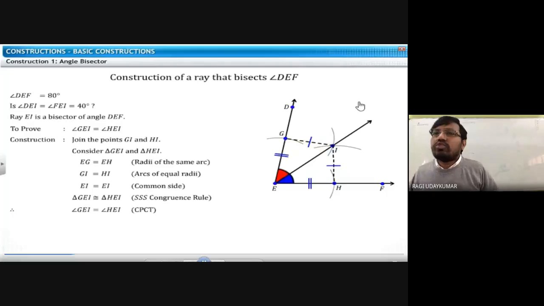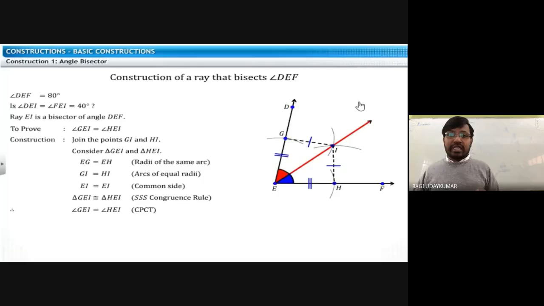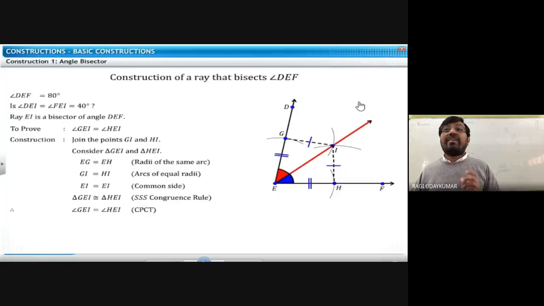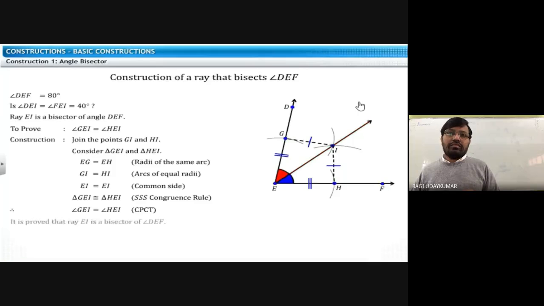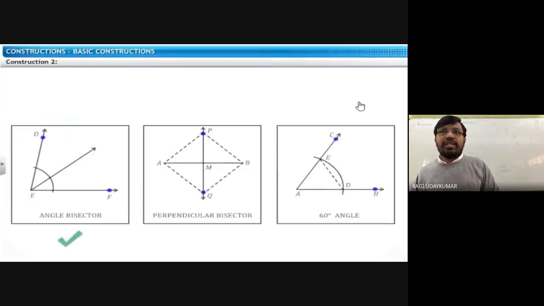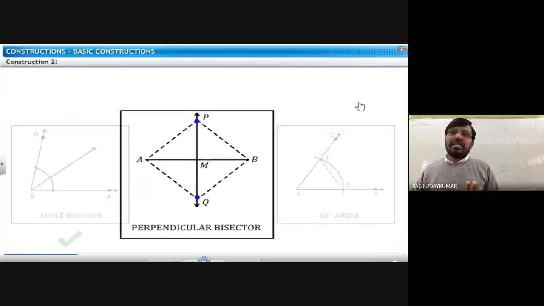So most of the students know how to construct the angle bisector, but the construction procedure तो पता है, why they are equal, how they are equal, so the proof is here. समझ में आया ना? Simple proof, and proof is not essential to you. So angle bisector part complete.